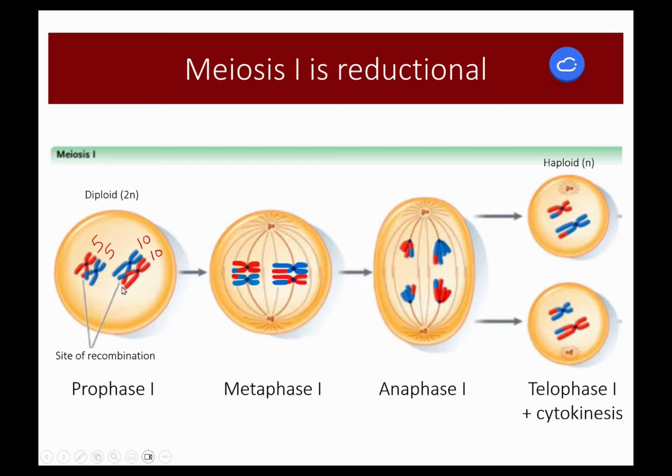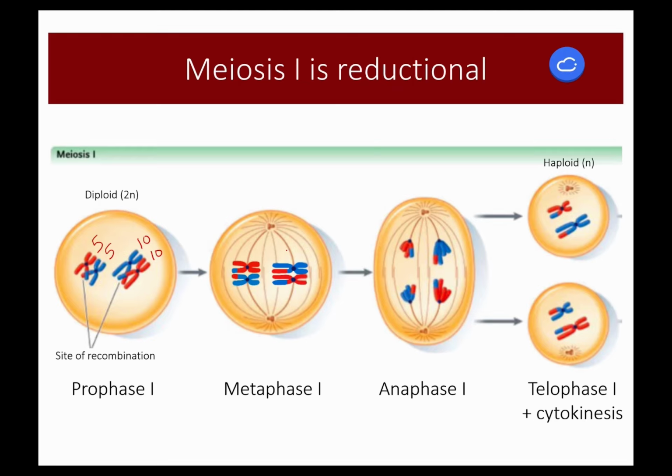You can see crossover, or homologous recombination, occurring. Then these line up at the metaphase plate, and the lineup is independent of each other. This is where you get independent assortment.